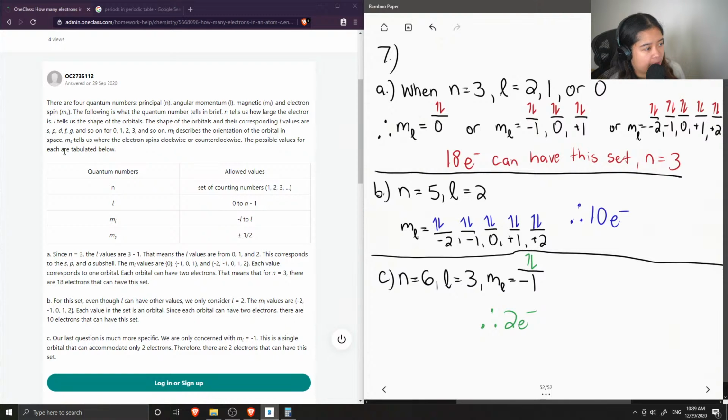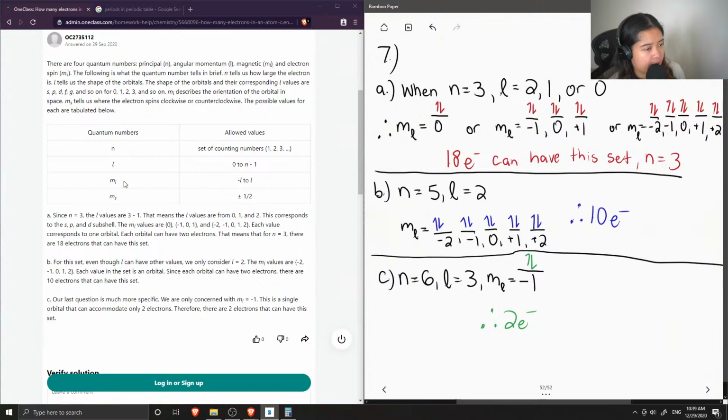The possible values for each are tabulated below. So these are all the possible quantum numbers, and then these are the allowed values. The n has to be greater than 0, so it goes 1, 2, 3, and those correspond to all the rows in the periodic table.